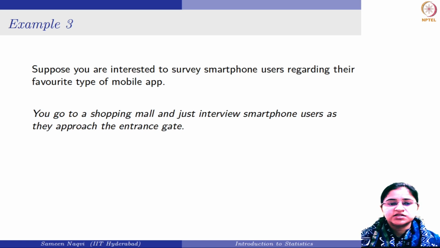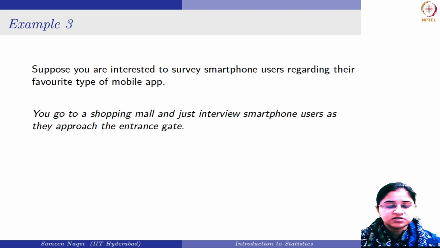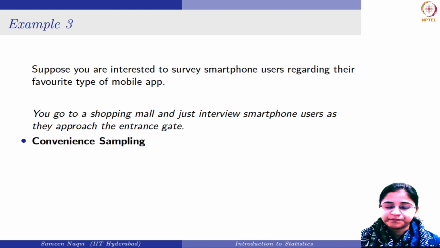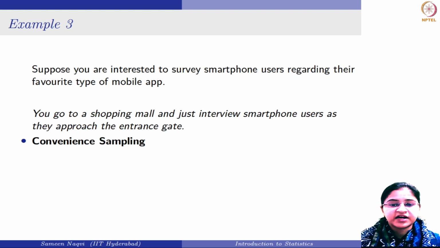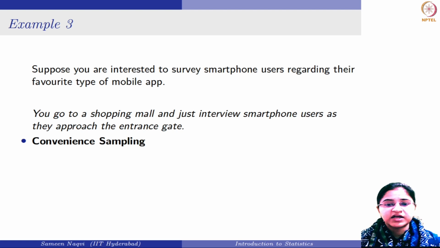First thing is that you might go to a shopping mall and just interview smartphone users as they approach the entrance gate. If I conduct my study in this fashion, then it is convenience sampling, right? Because I am conveniently standing at the entrance gate of a mall and just asking questions to the smartphone users who are approaching that gate.